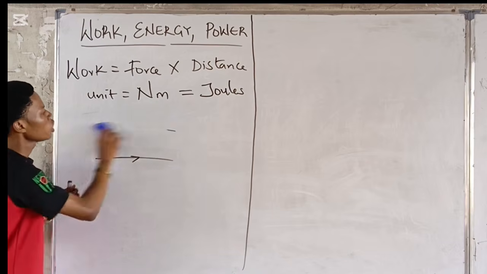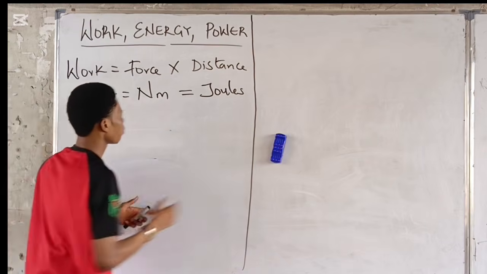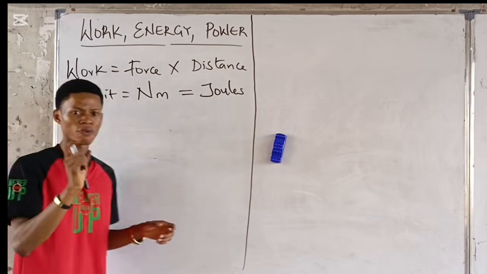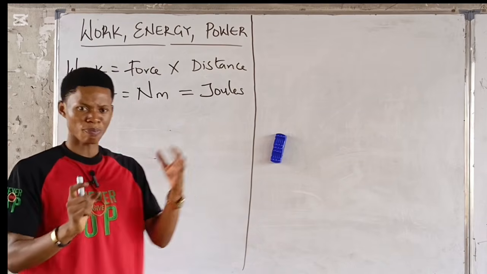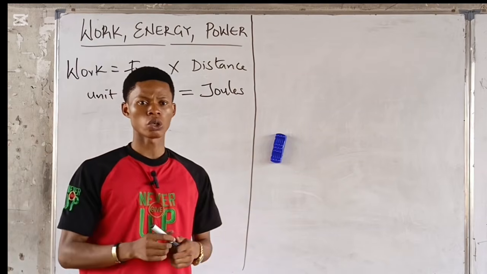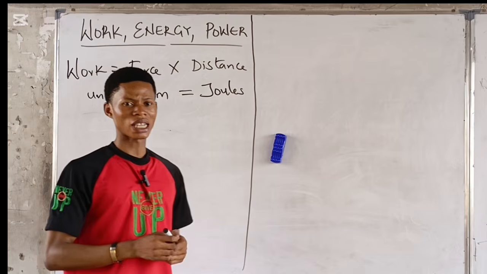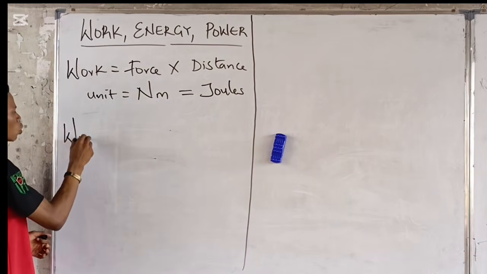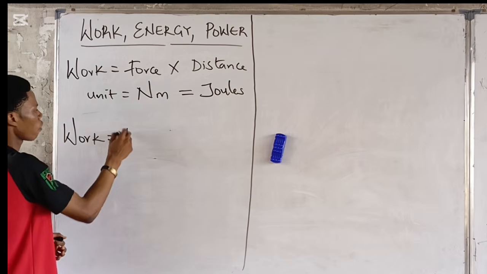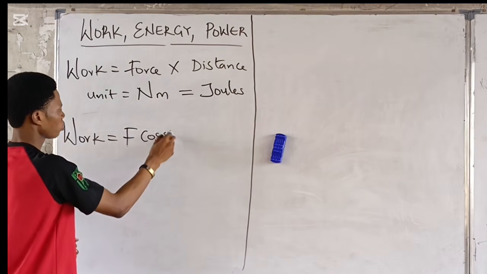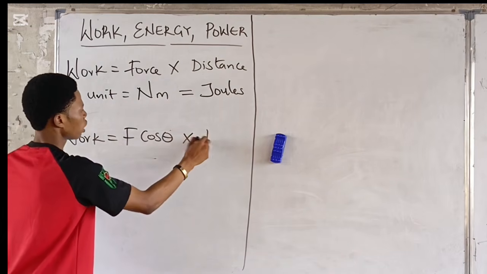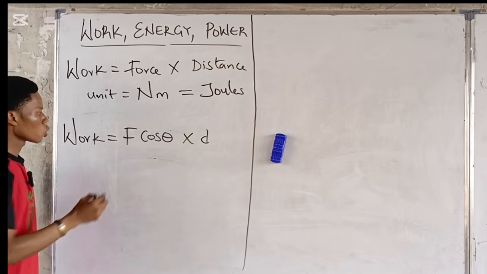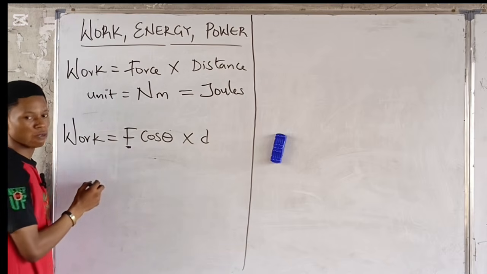All right, so if there is an inclination, if the force and the distance are not parallel to each other, but inclined at a plane, then the formula you use to calculate work is equal to F cos theta times D. So F is the applied force.